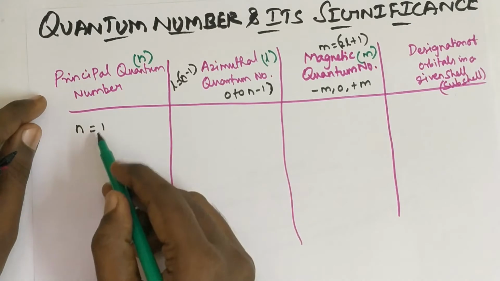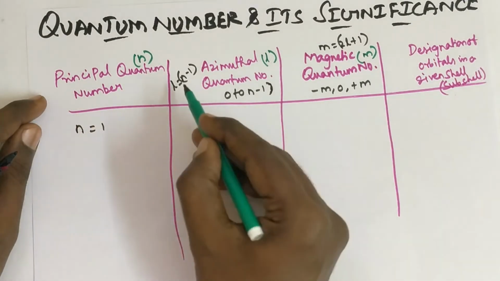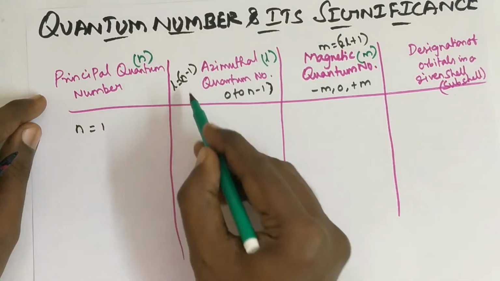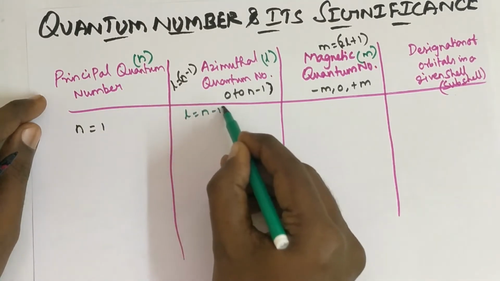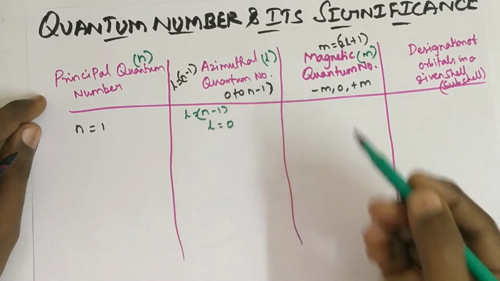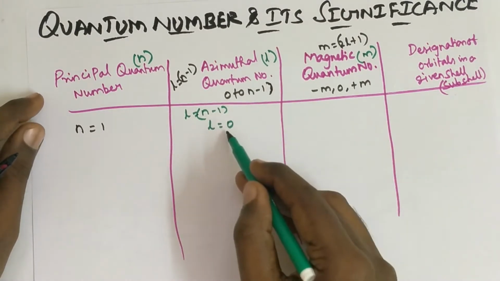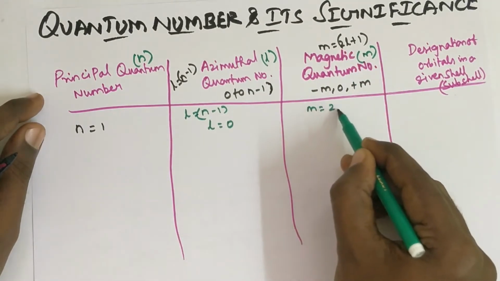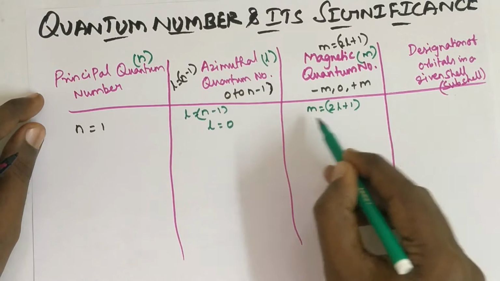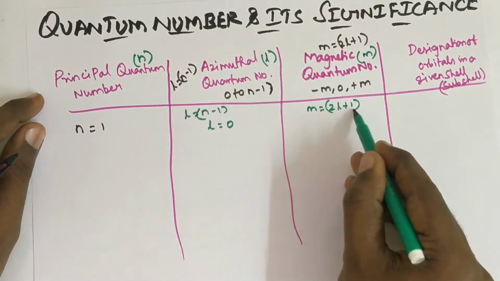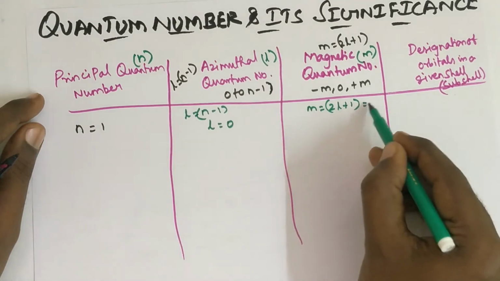So first we will take principal quantum number n is equal to 1. Substitute that value in the formula l is equal to n minus 1, so we get the l value 0. Substitute this l value in the magnetic quantum number formula, m is equal to 2l plus 1, so 2 into 0 plus 1, we get only 1.